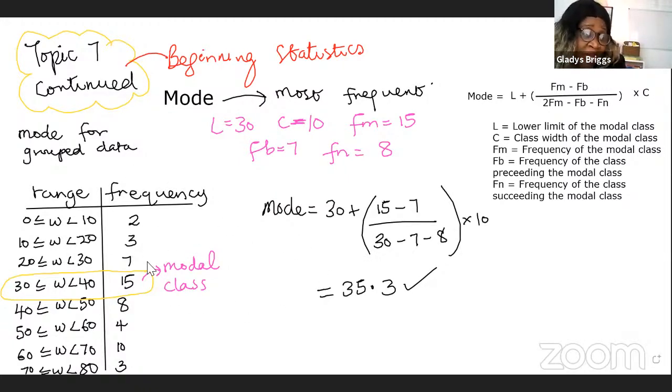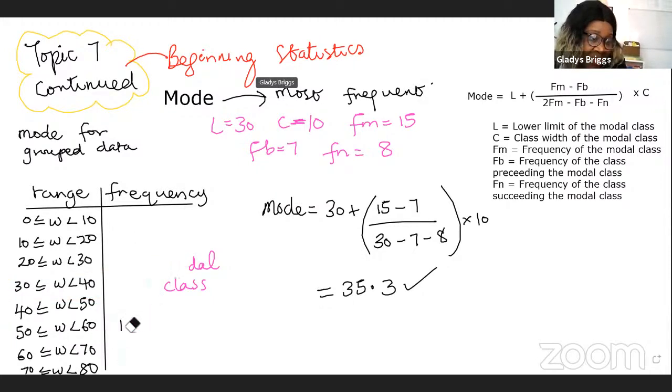Okay, so have a go at this one for me. I'm going to leave everything else and change the numbers here.